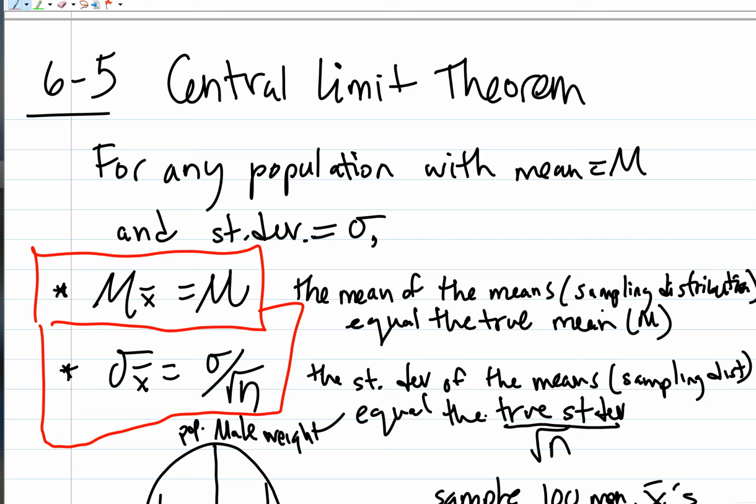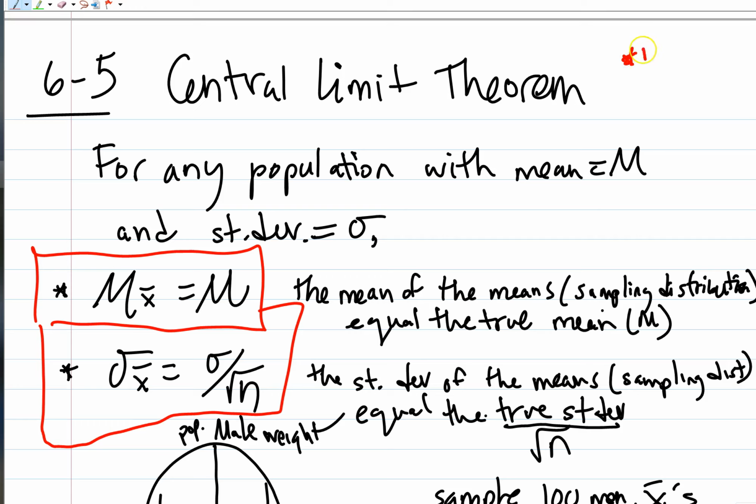And I want to go back and look at this right now. This is the central limit theorem for any population with a mean and standard deviation. The mean of the means and the standard deviation of the means will equal these values right here. This has some requirements on it.